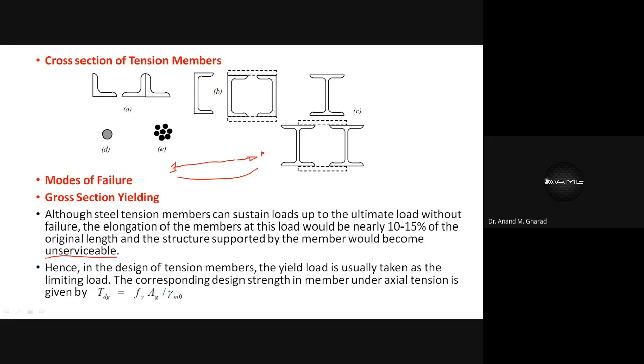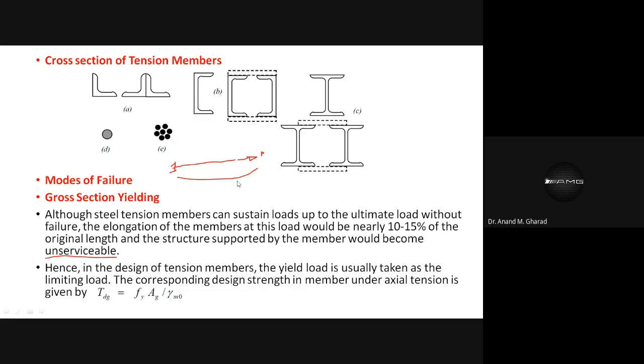Therefore, in your IS 800 2007, one formula is given, and what it says is that in the design of a tension member, the yield load is usually taken as the limiting load. That means before elongation. When will elongation start? When the stress-strain behavior goes into the plastic zone, isn't it?